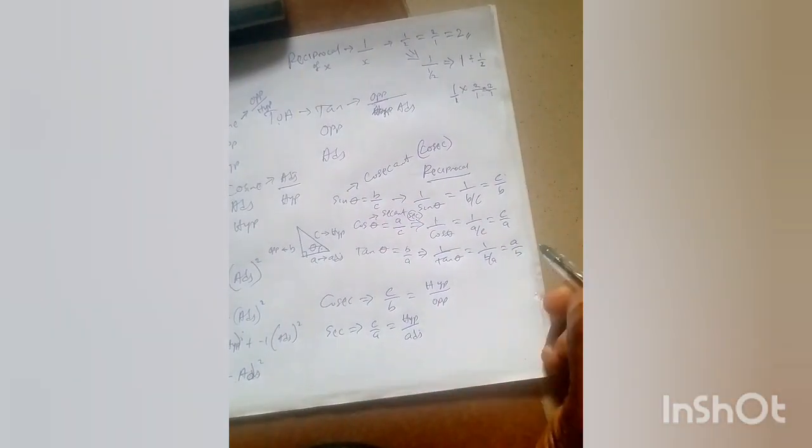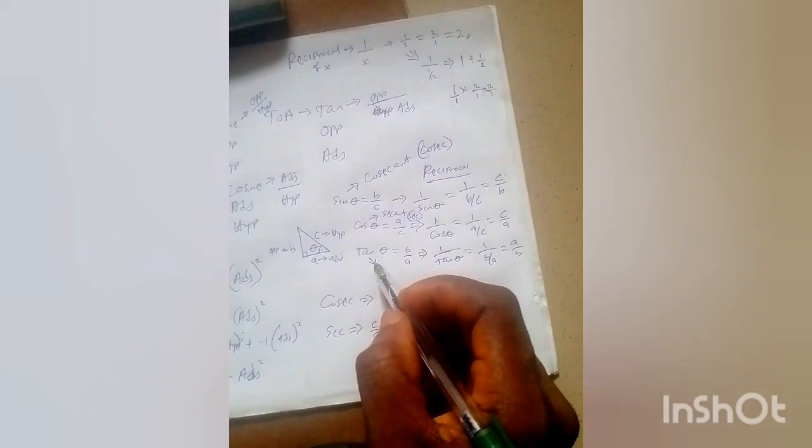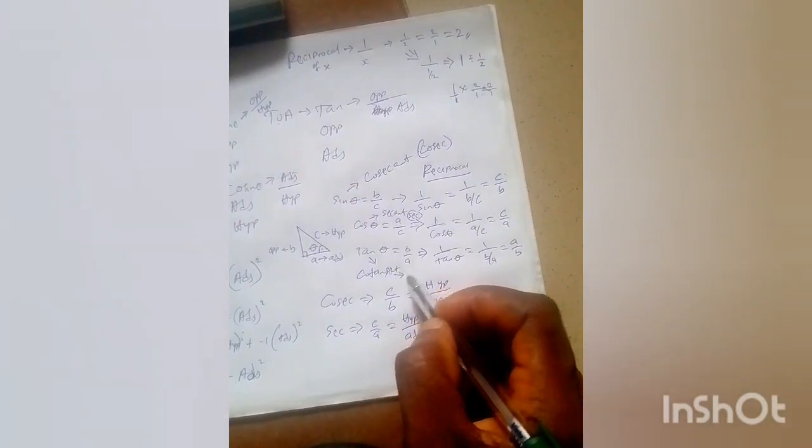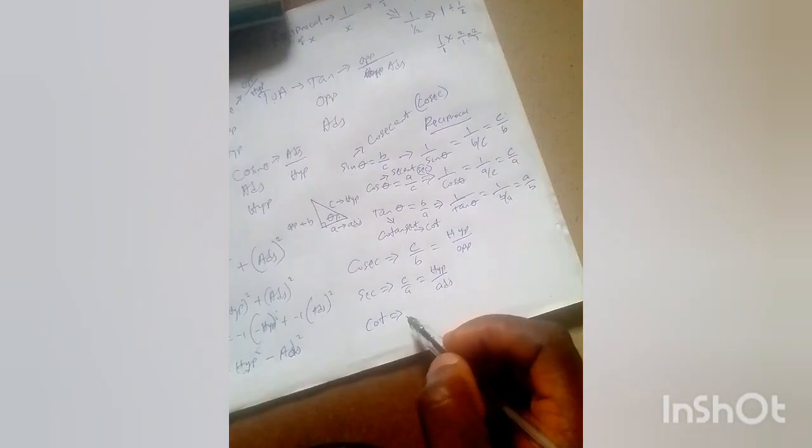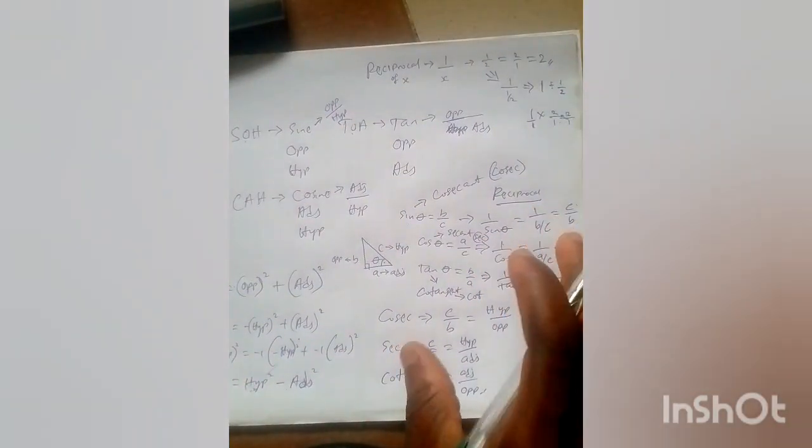Now, tan theta has a reciprocal of 1 over tan theta, which is equal to 1 over B over A, which is going to give you A over B. In trig, the tan theta reciprocal is called cotangent, which in short is called cot. Now, automatically, it means that cot is the reciprocal of what? A over B, which is adjacent over opposite.